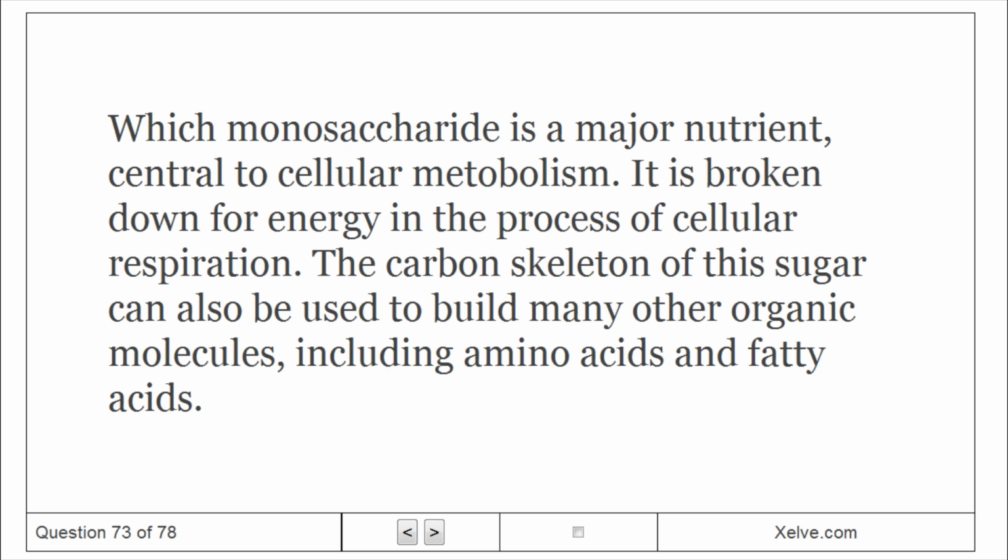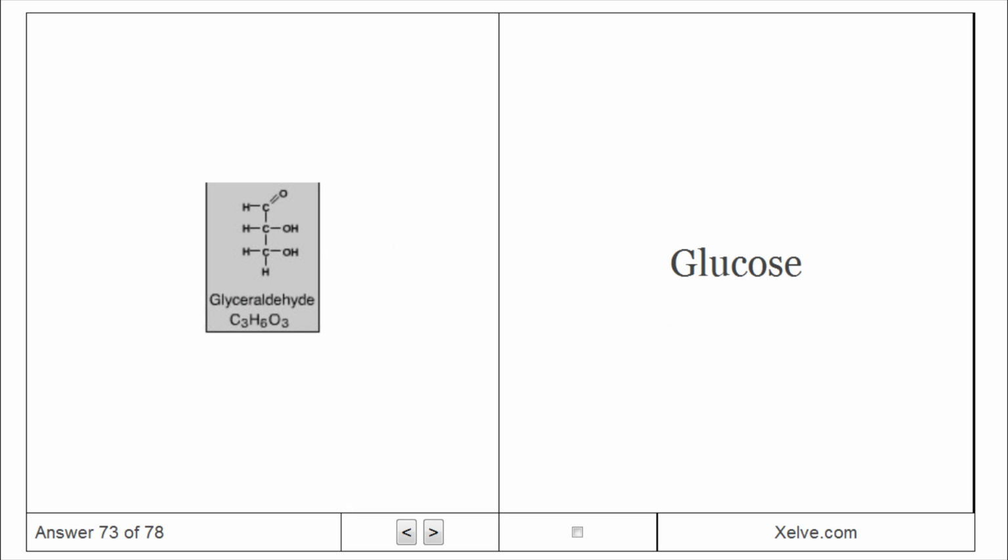It is broken down for energy in the process of cellular respiration. The carbon skeleton of this sugar can also be used to build many other organic molecules, including amino acids and fatty acids. Glucose.